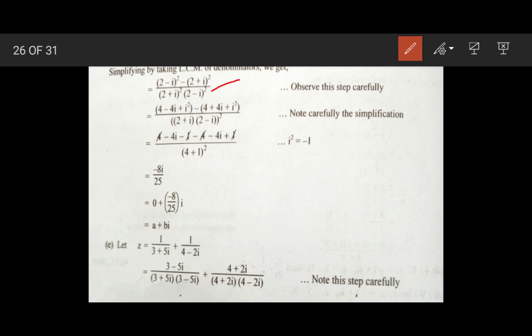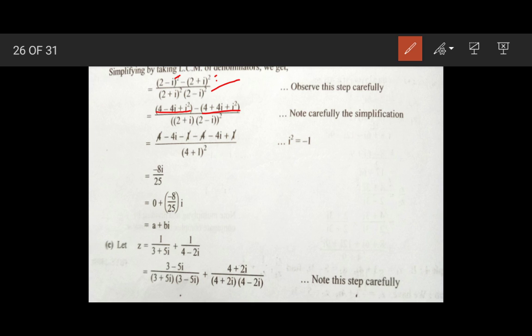By cross multiplying we get this step: 2 minus i whole square minus 2 plus i whole square upon 2 plus i whole square into 2 minus i whole square. Now in the numerator we apply the a minus b whole square formula and the a plus b whole square formula. So that will be 4 minus 4i plus i square minus 4 plus 4i plus i square.